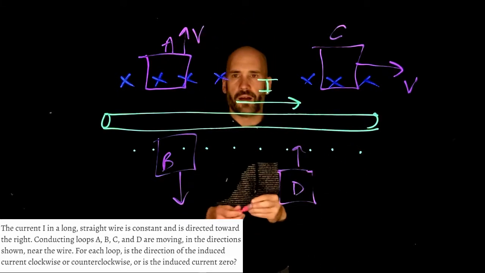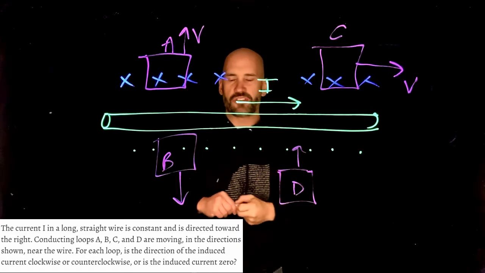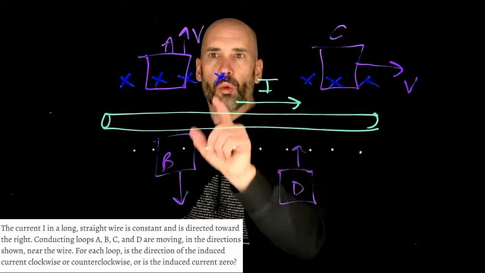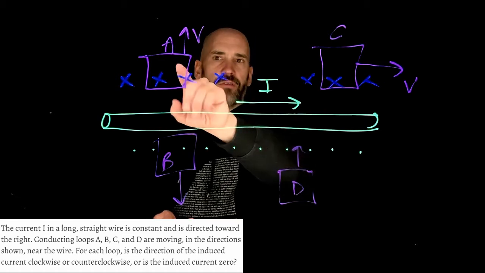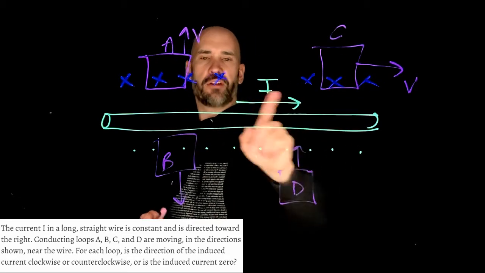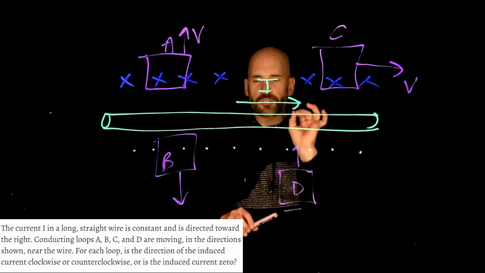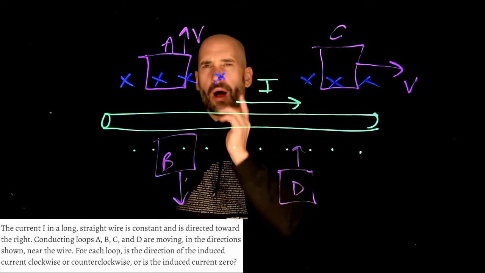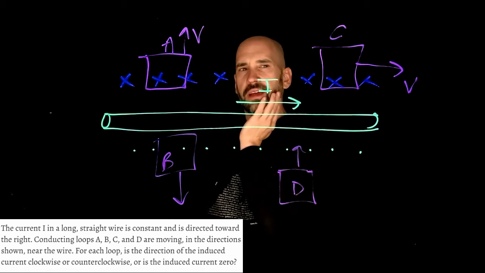Now, the question is, will there be induced currents for moving these little loops in these various directions?